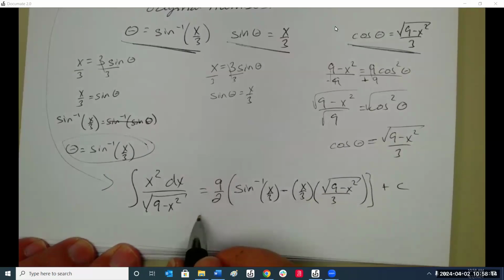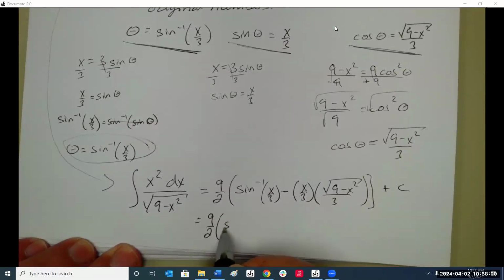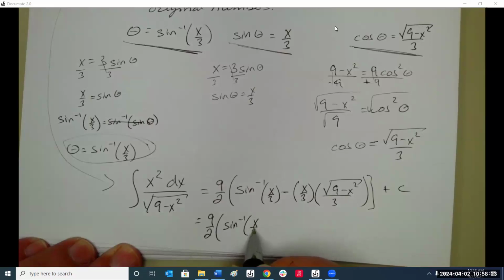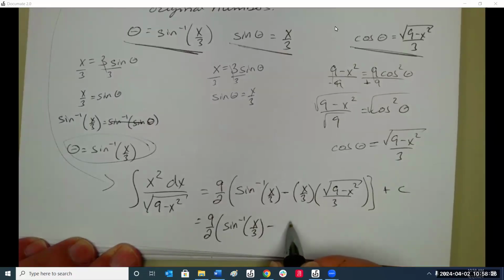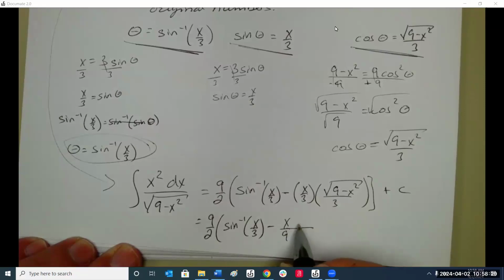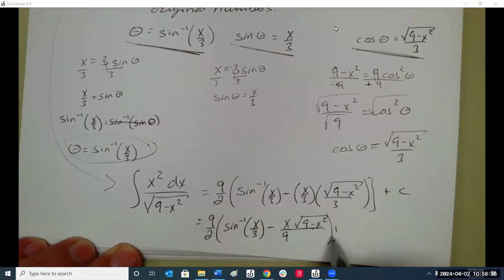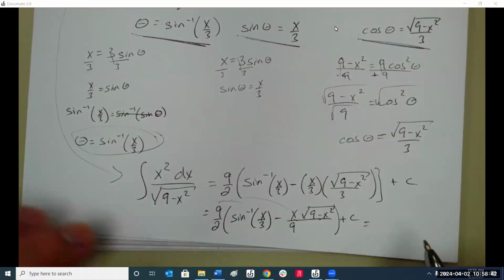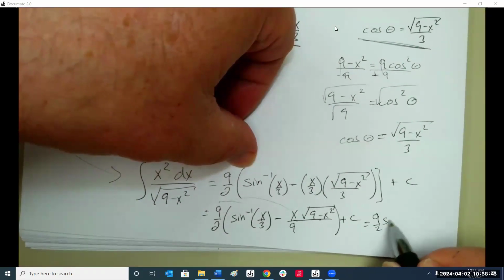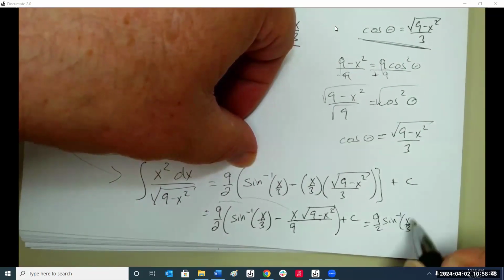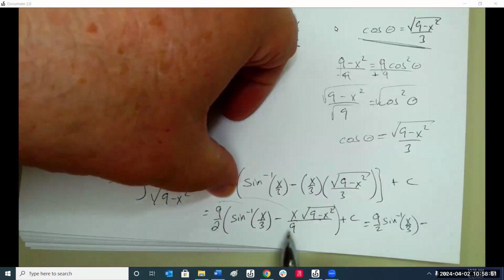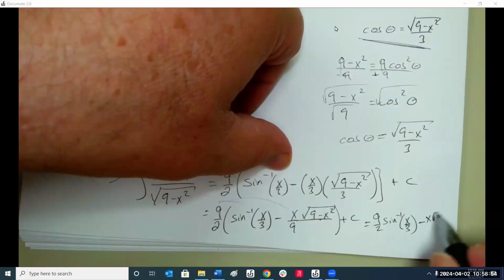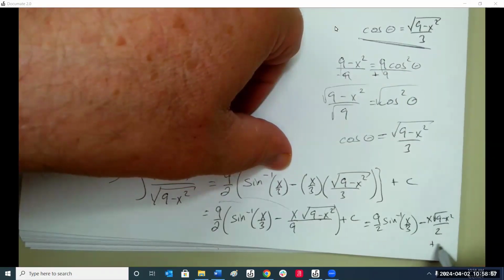That this times this. Minus x over 9 square root of 9 minus x squared plus c, and distribute. 9/2 inverse sine x/3 minus 9/2 times 9 is simply x, square root of 9 minus x squared over 2 plus c.